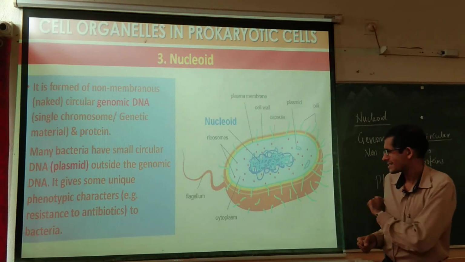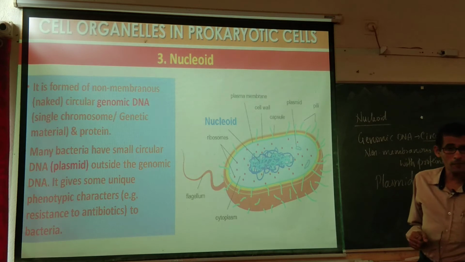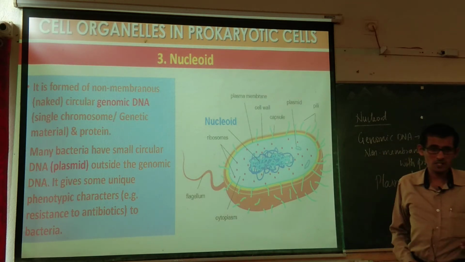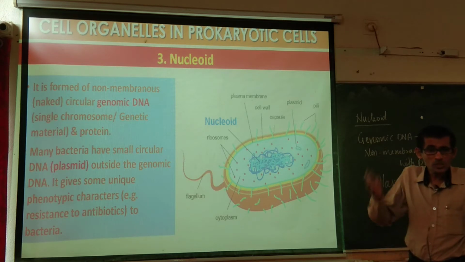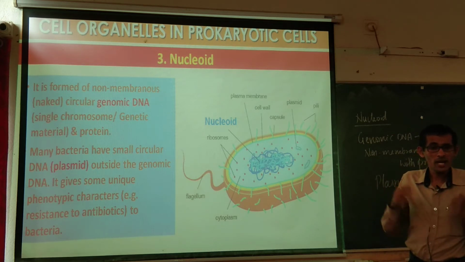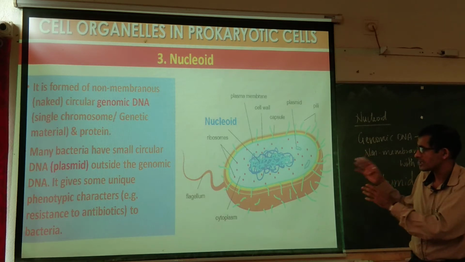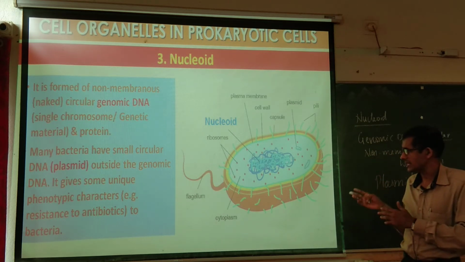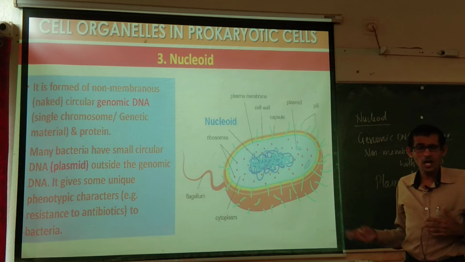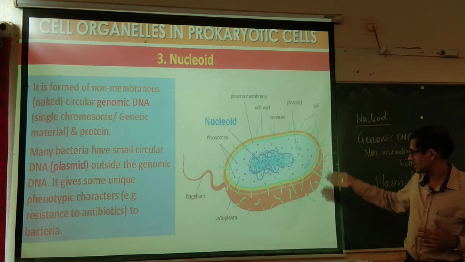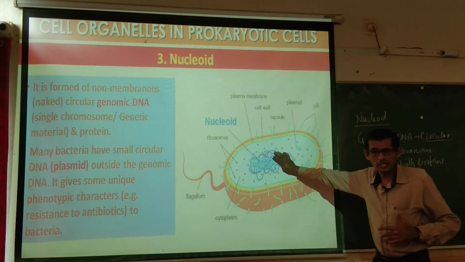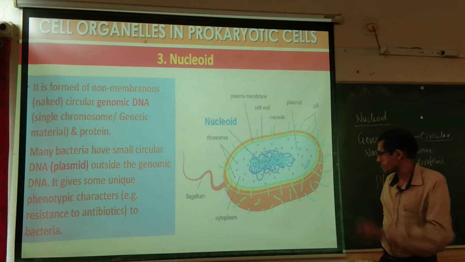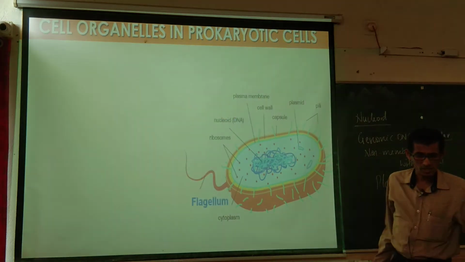So this antibiotic resistance property is exhibited by the plasmid, which is present outside the nucleoid. It is additional DNA, a plasmid outside of the genomic DNA, which refers to the main genetic material present in the nucleoid. That is the plasmid and nucleoid structure.